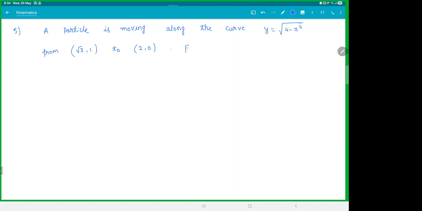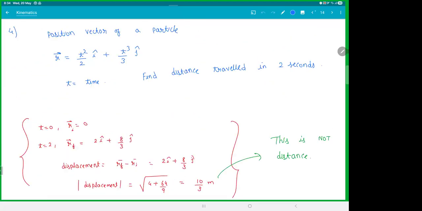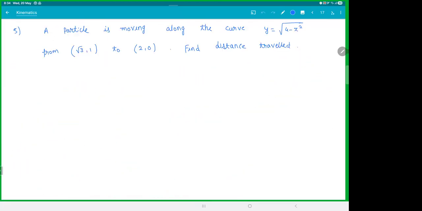Find the distance traveled. So in this question, I gave you the path equation. The path is given and you're expected to find the distance. Last time, if you see, I gave you a position vector and I asked you for distance.